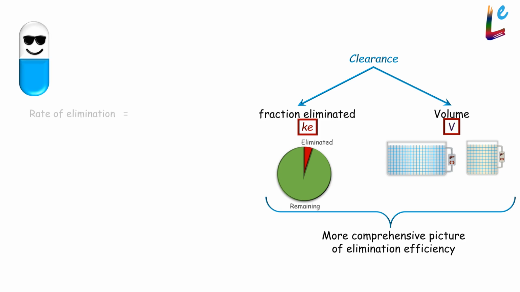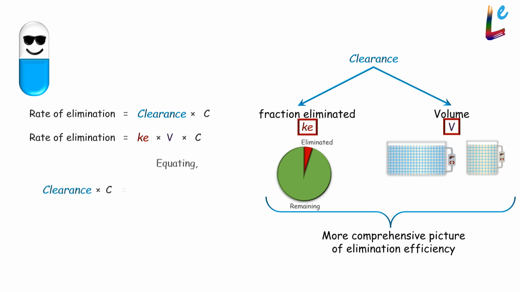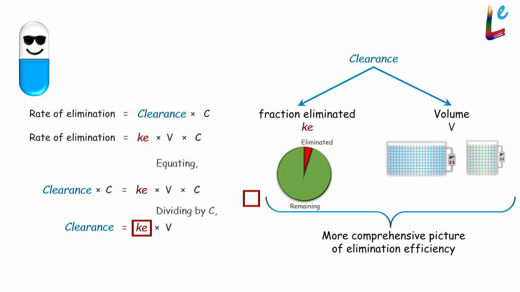We know that rate of elimination is equal to clearance multiplied by concentration C. In the previous video, we have seen that rate of elimination is equal to Ke multiplied by V multiplied by C. So we have clearance multiplied by C is equal to Ke multiplied by V multiplied by C. Dividing by C on both sides, we have clearance is equal to Ke multiplied by V. And now it is easy to remember how clearance accounts for both Ke and V.